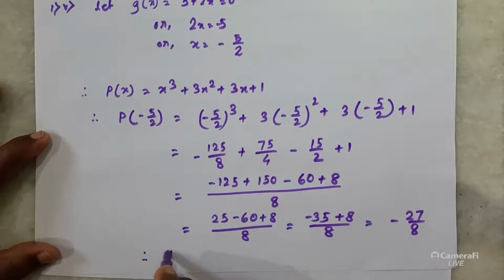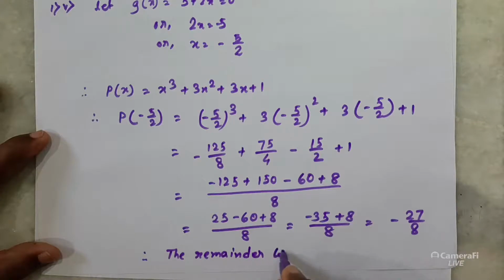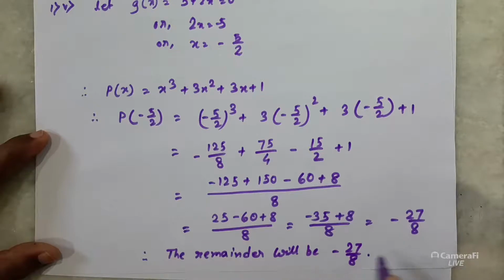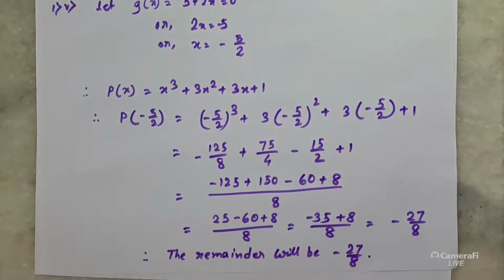So therefore the remainder will be minus 27 by 8.